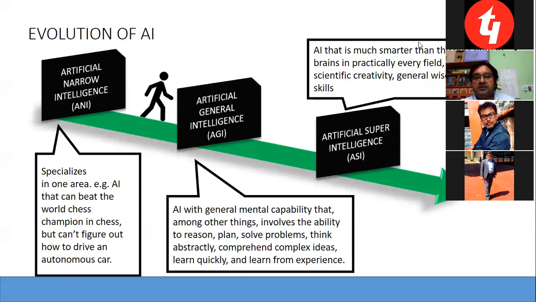The last stage is what we have seen in movies like Matrix and other sci-fi movies. There, we talk about a machine which is smarter than human beings. It can think, it can comprehend, it can create in practically every field, and it can beat human beings in practically every field. It would also have social skills.